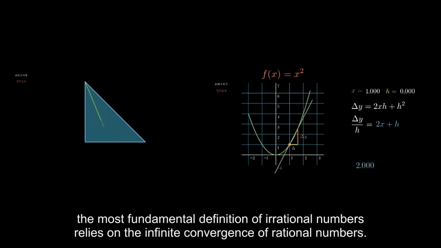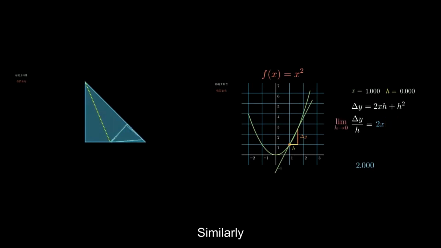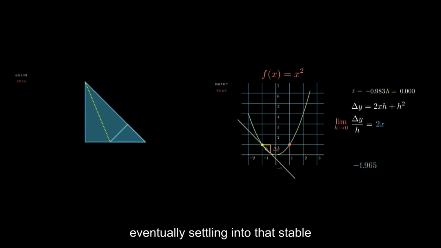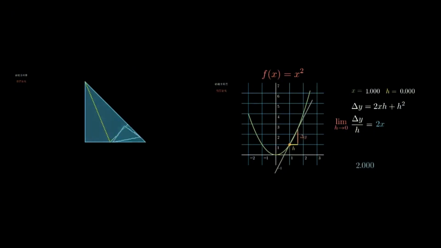For instance, the most fundamental definition of irrational numbers relies on the infinite convergence of rational numbers. Similarly, the derivative function arises from the ratio Δy/Δx in the process where h approaches 0, infinitely yet never equals 0, eventually settling into that stable, limiting value.